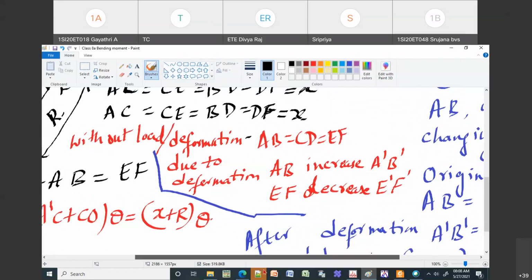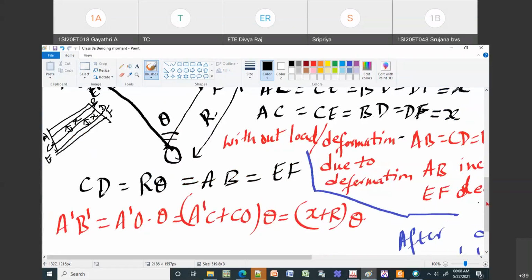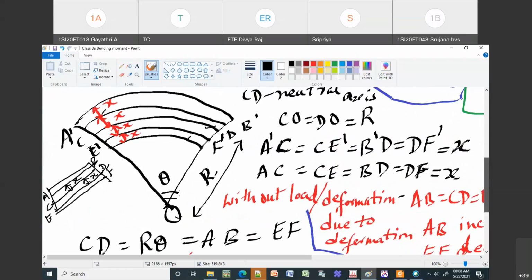So if I want to know the length of AB or CD, I will just take CD, because from the initial assumption AB is equal to CD is equal to EF. From this diagram, I am talking about this distance CD.